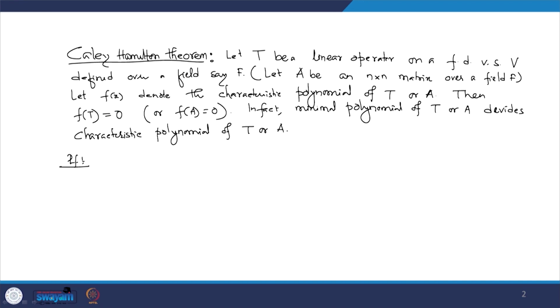I have used the words that T is a linear operator on a finite dimensional vector space V, or I have taken A as a square matrix over the field, say capital F. Already I have established the result: any finite dimensional vector space of dimension n is isomorphic to the n-tuple space.